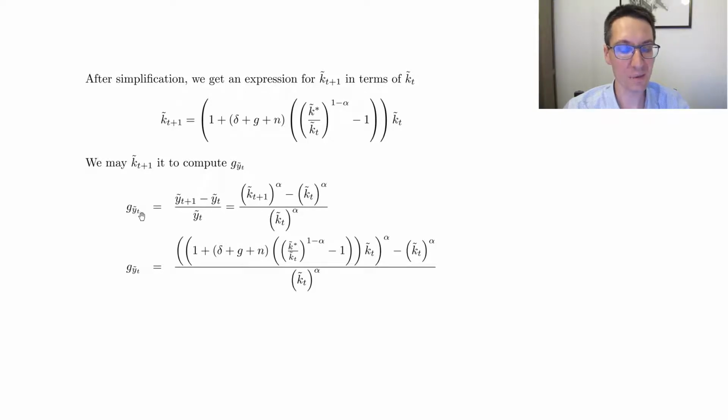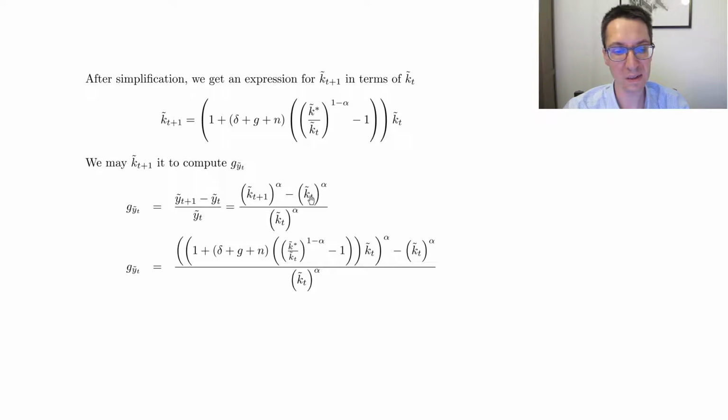So let's write our expression for the growth rate of GDP per effective worker. It's g of y tilde t equals y tilde t+1 minus y tilde t divided by y tilde t. And then we can substitute all of these by their expression in terms of k. So this is k tilde t+1 to the alpha.